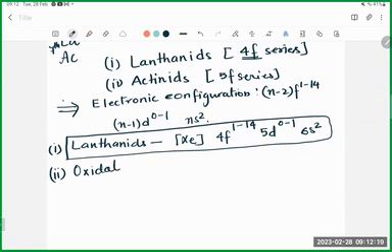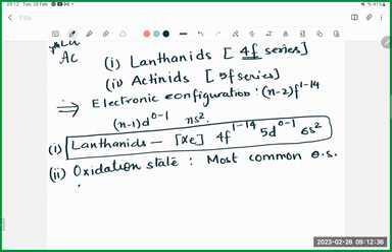Oxidation state. In the previous topic you have seen the variable oxidation states. The most common oxidation state (OS) of lanthanoids is +3.